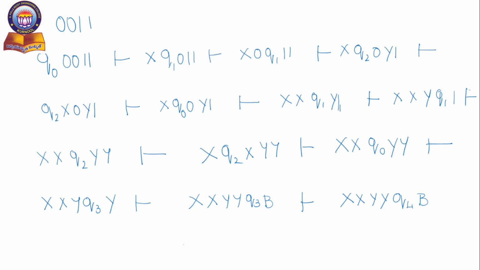Thus the given string 0011 is said to be correct and accepted by the Turing machine. So this is how we have to think of the logic and how to design the Turing machine for any recursively enumerable language.